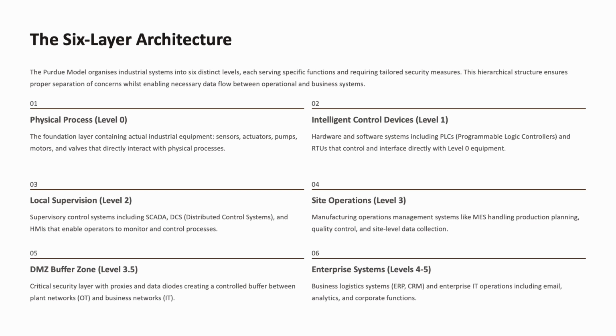These systems focus on business administration, planning, and organization wide functions, but must be carefully segregated from plant operations. By structuring industrial systems into these functionally distinct layers, the Purdue model ensures both operational efficiency and strong security, helping keep critical processes safe, reliable, and resilient.